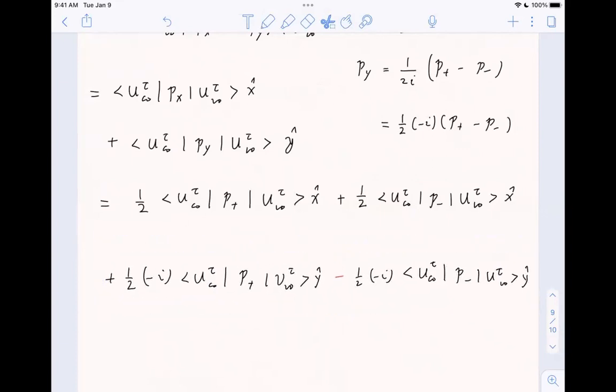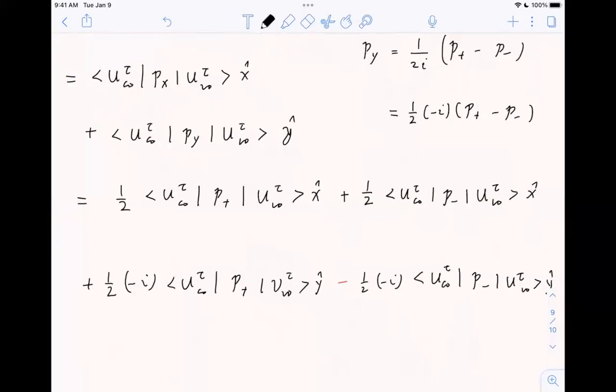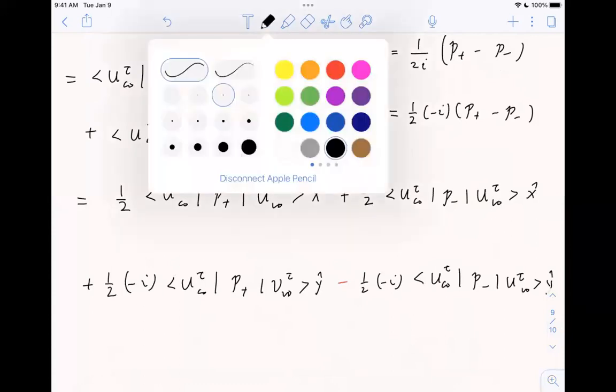Let's consider them one by one. I can just use some symmetry argument, maybe just use angular momentum, to quickly rule out some of the terms as 0. So let's do it one by one.